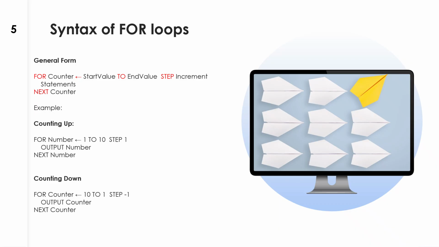And notice that here we have used step -1, thereby showing that it is going to be decremented by one step every time, while the rest of the statements are almost the same as the previous one, except with the change of the variable. So this is going to output the number 10 first, and on the next counter it will see what it has to do, it has to step down by one step. So it will be decremented to 9.